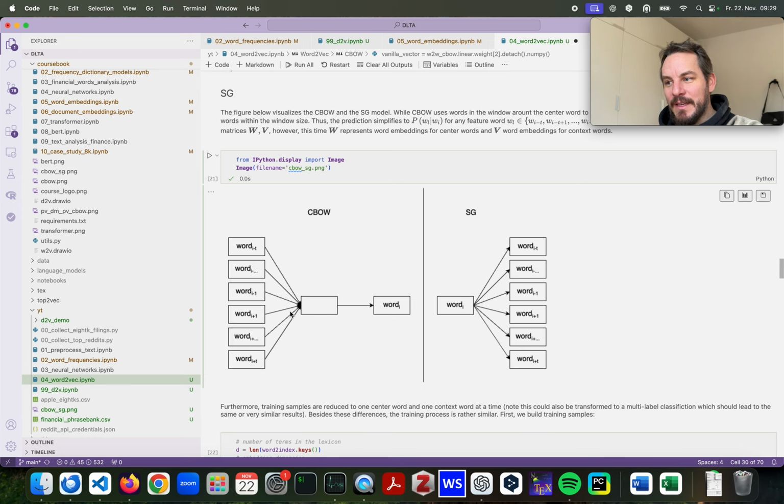Skipgram, as you can see, is a big difference, but what they have in common is that it is about predicting words out of the window of different documents. But while we are using all the words surrounding a certain word to try to predict the word in the middle, skipgram does exactly the inverse thing. So it uses the center word and then makes predictions for the words surrounding it.